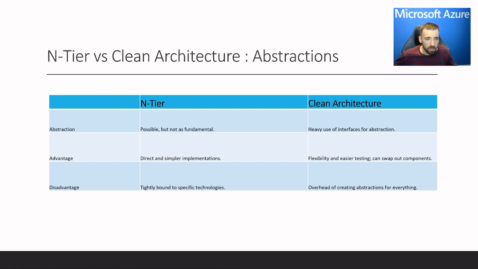The advantages of clean architecture is flexibility and easier testing, and we can swap out components. So by following the dependency inversion principle, and using abstractions and interfaces instead of direct instantiations of other implementations, we can more easily swap out components without making significant changes to the code, which can then introduce bugs in unrelated features of the application.